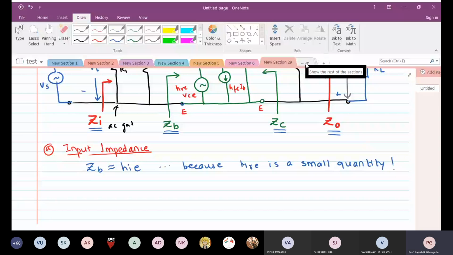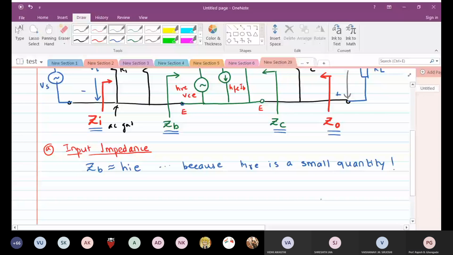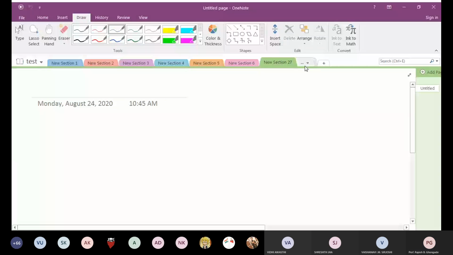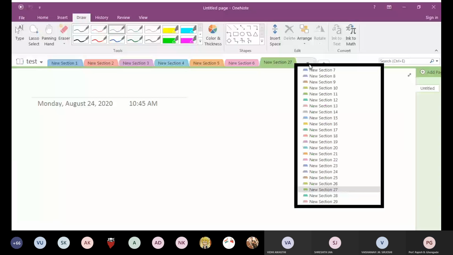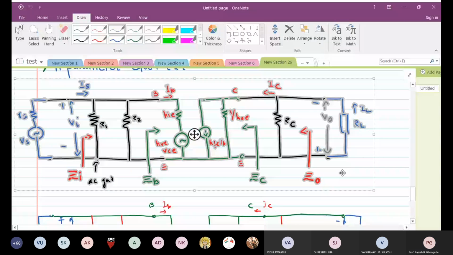But this is not the picture with the one which is unbypassed. So here the picture is a little bit different.